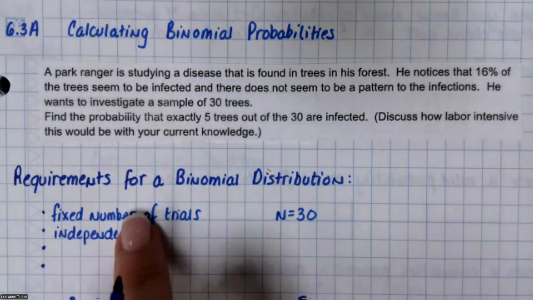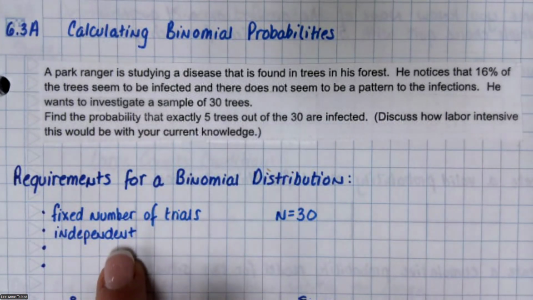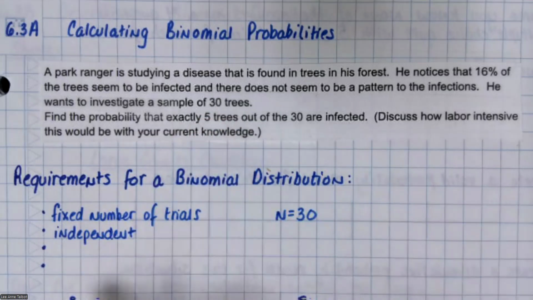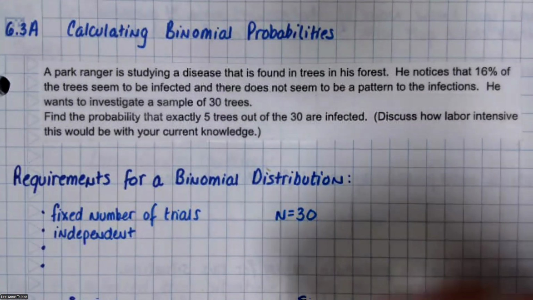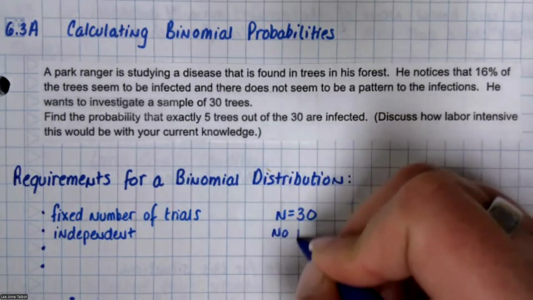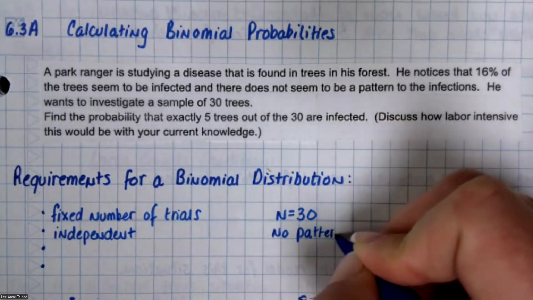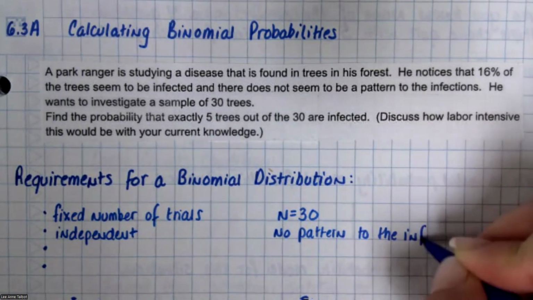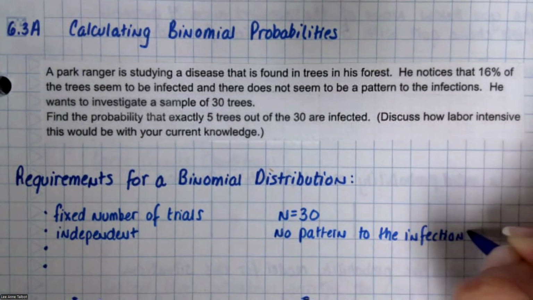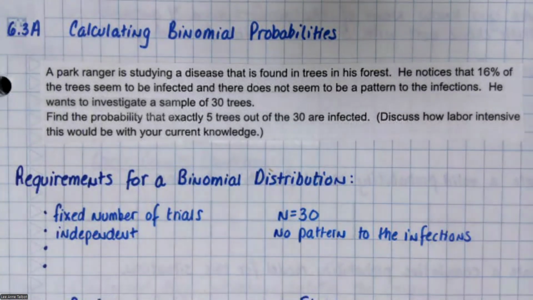So each tree is independent. Each tree does not seem to be infected and there's no pattern to the infections.